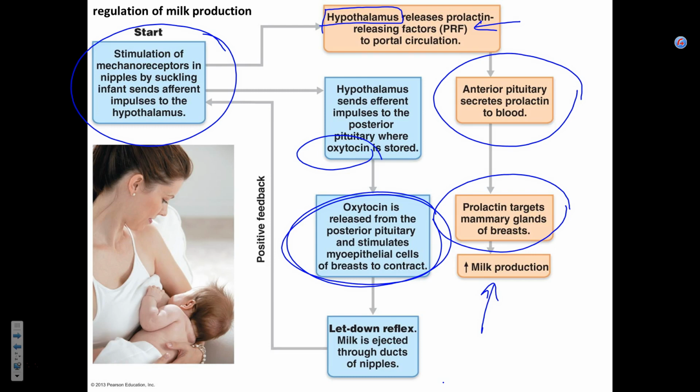Oxytocin will reach breasts and will stimulate smooth muscles that surround lactiferous glands to contract, and that's called the let down reflex. Milk will be ejected, basically it's like peristalsis sort of, will be ejected from the nipples. Does that make sense? So that initial suckling stimulates both milk production and milk ejection. And that regular feeding of the baby will stimulate milk production in a woman and ejection of milk. That makes sense?